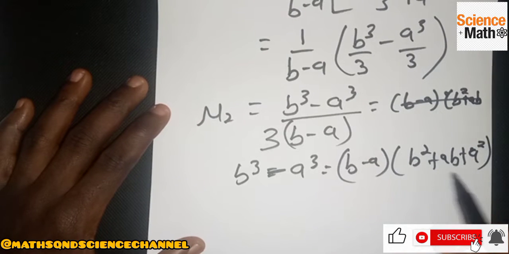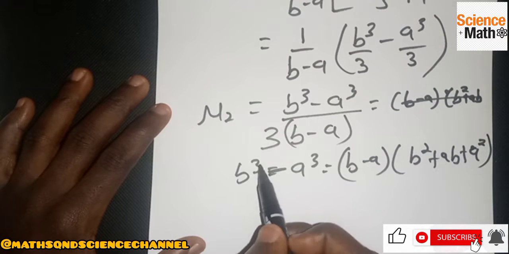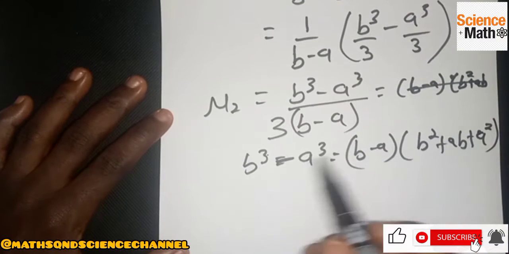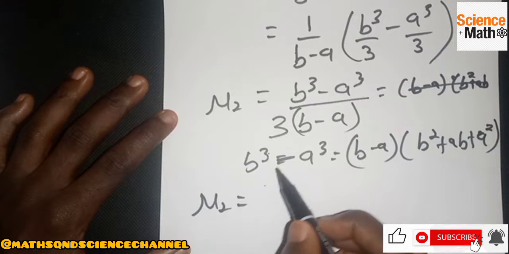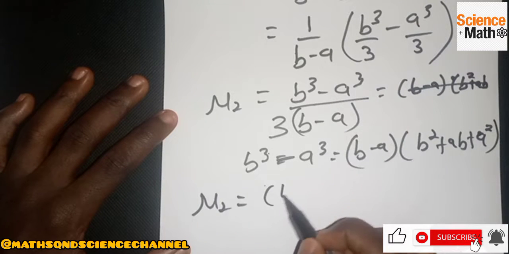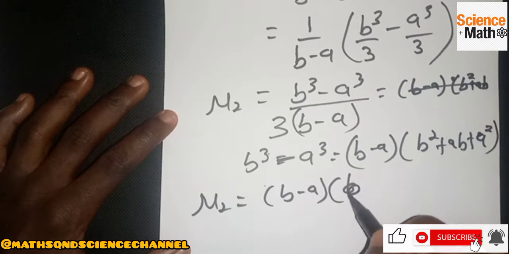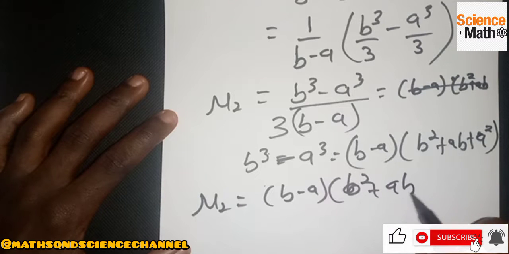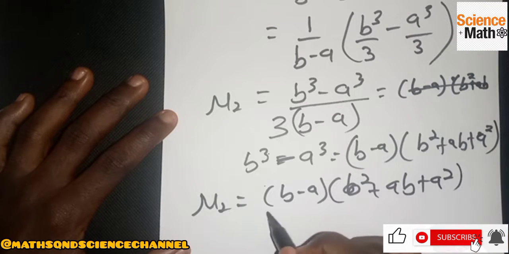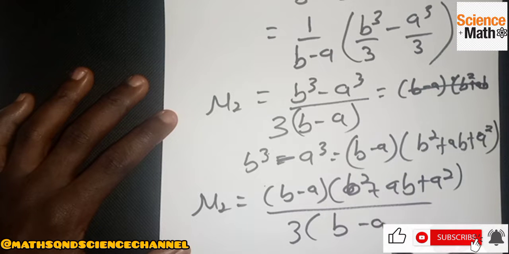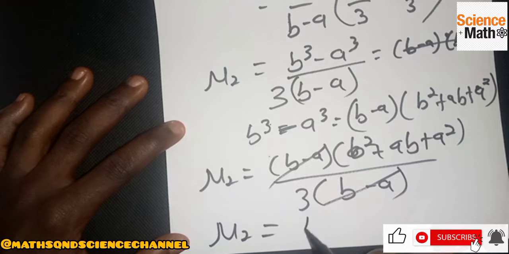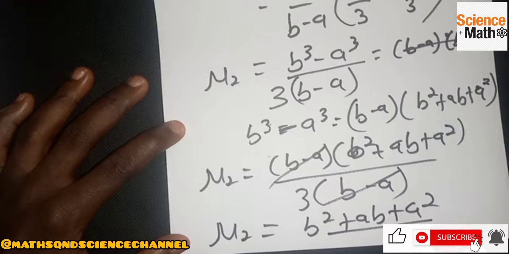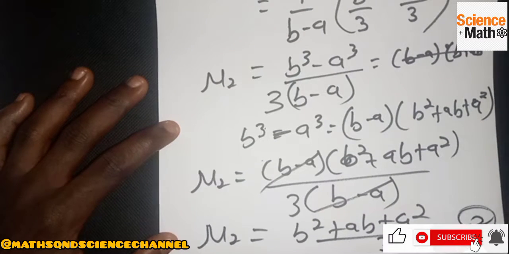Now when we expand this, we should get the answer, which is b cubed minus a cubed. So if that is the case, we just replace that so that we can reduce everything. So we have b minus a, and then b squared plus ab plus a squared, being divided by 3 times b minus a. So this will cancel, and then our second equation is just going to be b squared plus ab plus a squared being divided by 3, and let's call this one equation 2.